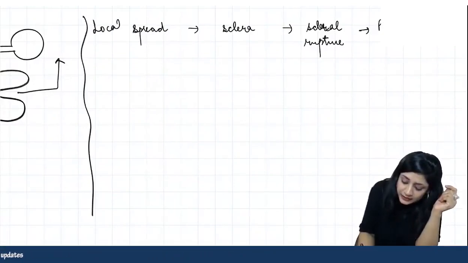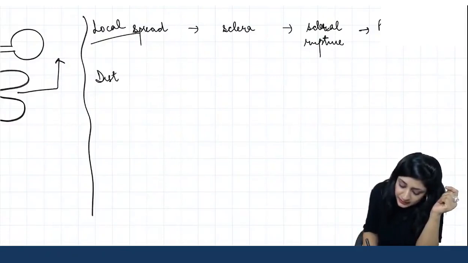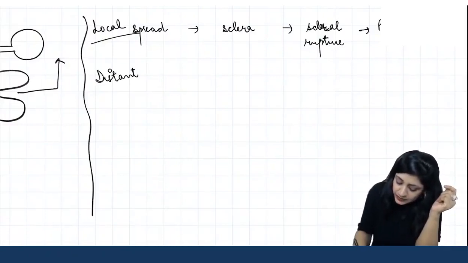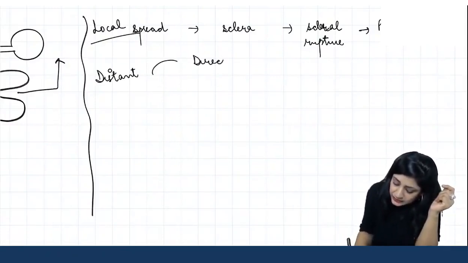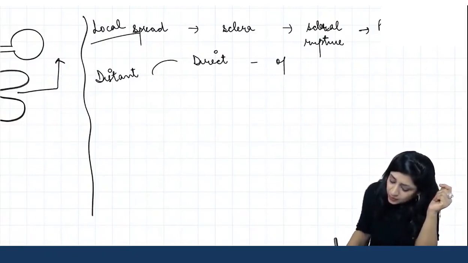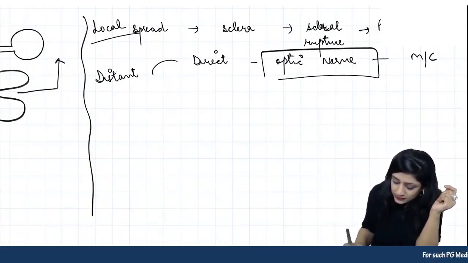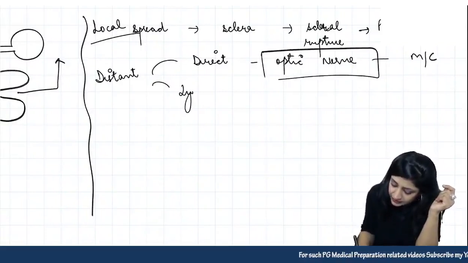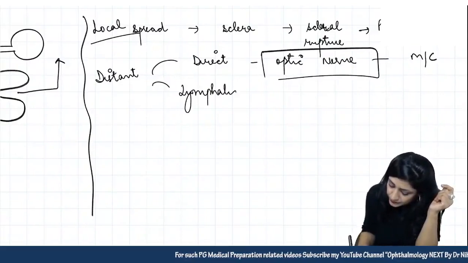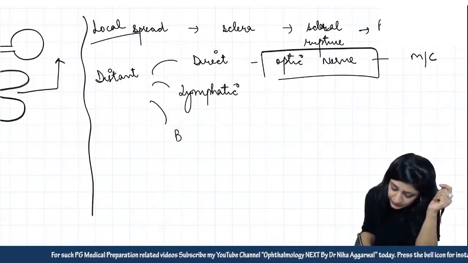When I talk about distant metastasis, it could be direct by the optic nerve. That is the most common. Optic nerve is the most common one. Then I can have the lymphatic spread, and we can have a blood spread.